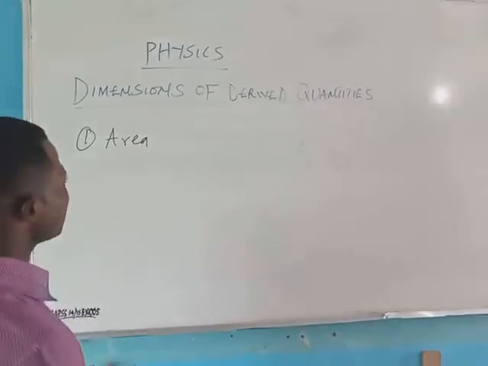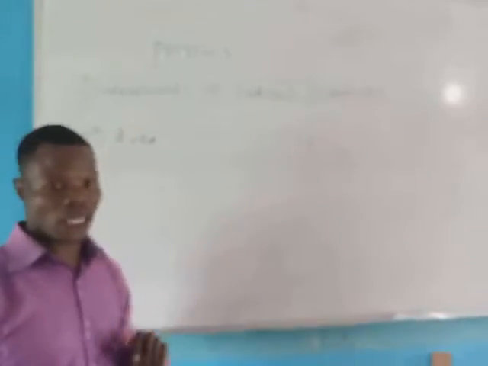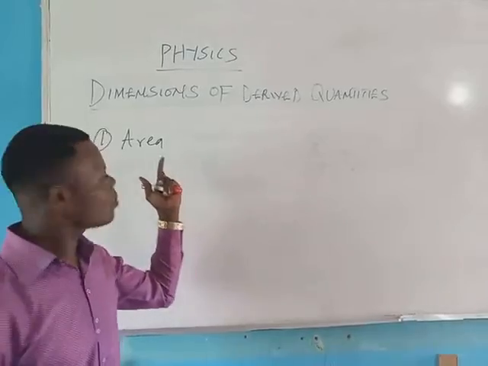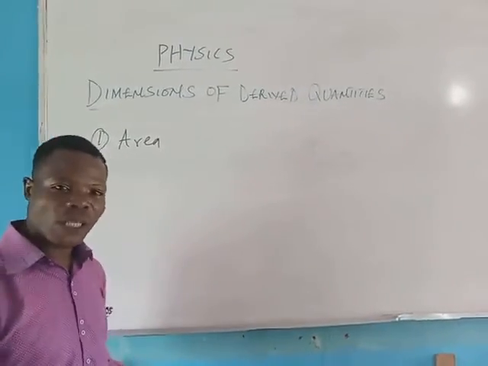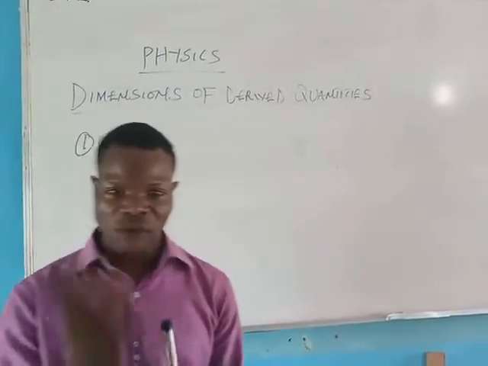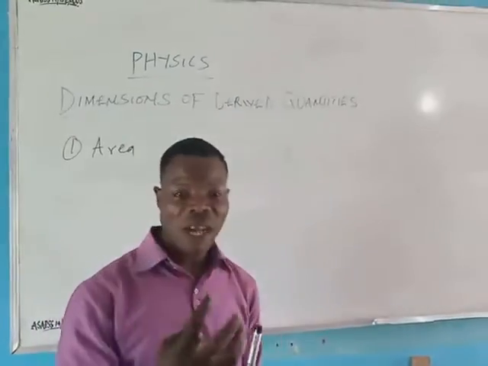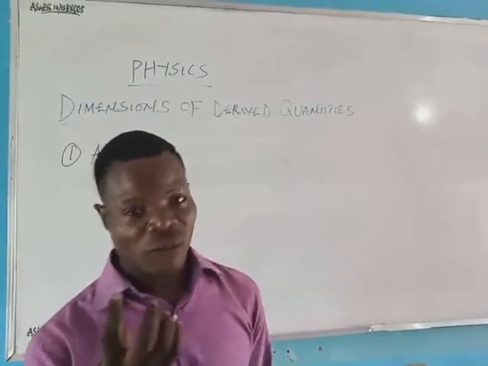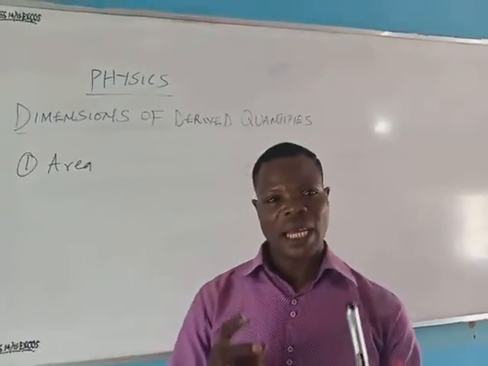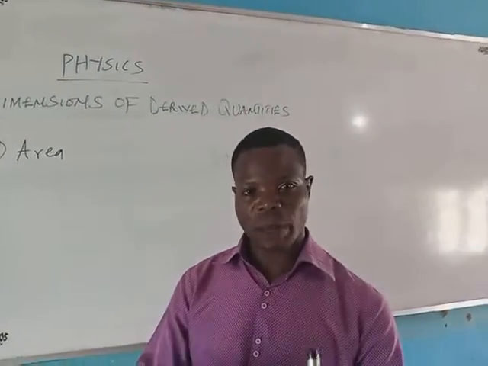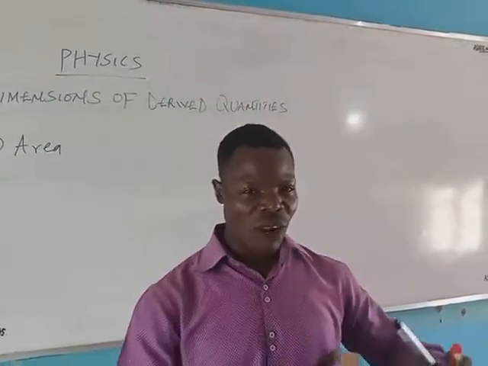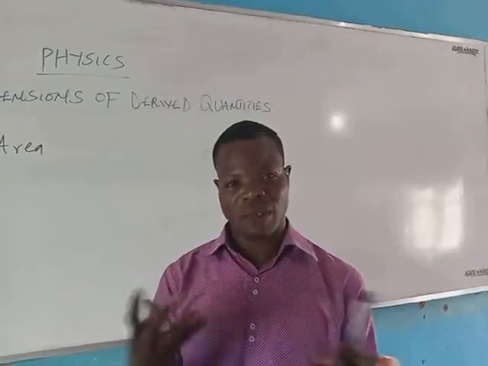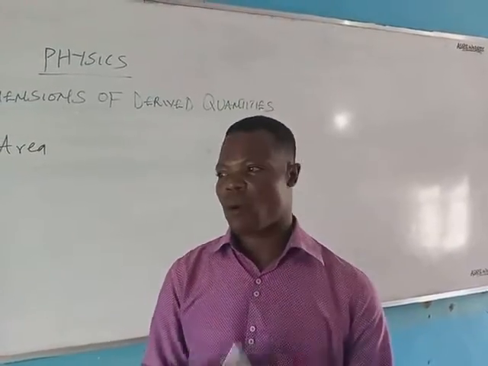Area is a derived quantity, and to find the dimension of this area, we need to split it with its formula. As we know, derived quantities or derived units are derived from the fundamental based on the particular formula that connects the fundamental or basic quantities.